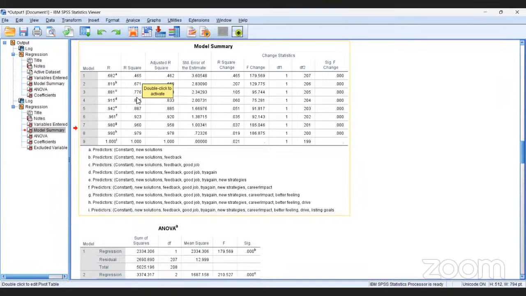And when you add feedback and the new solution, both, then it becomes 67%. So how much change is there? That change you can get as R² change or delta R². And this delta R² is also significant.